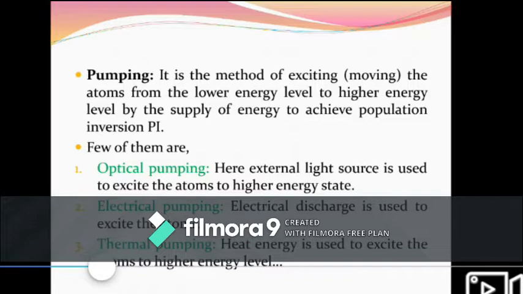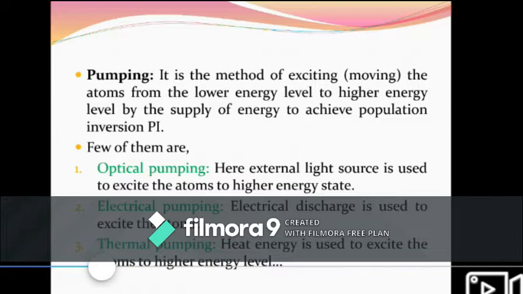There are many techniques under pumping. One of them is called optical pumping. In optical pumping, an external light source, the external light energy, is used to excite the atoms to higher energy levels. So you are using light energy to push the atoms from lower to higher levels. In electrical pumping, it is the electrical discharge that makes the particles in the lower level move to higher levels.